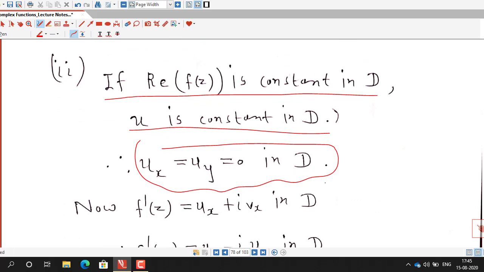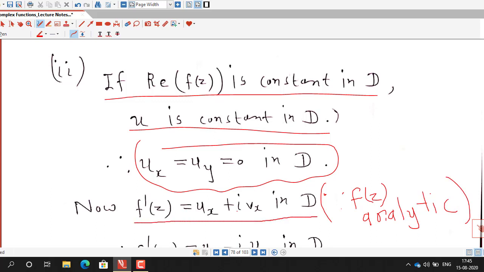Now f of z is analytic. Okay, this we can write because f of z is analytic. Because f of z is analytic, therefore f of z is differentiable, and therefore we can write the formula for derivative in terms of ux and vx. So f of z is analytic in a domain D, that means f of z is differentiable in a domain D, therefore derivative exists and it is given by ux plus ivx.